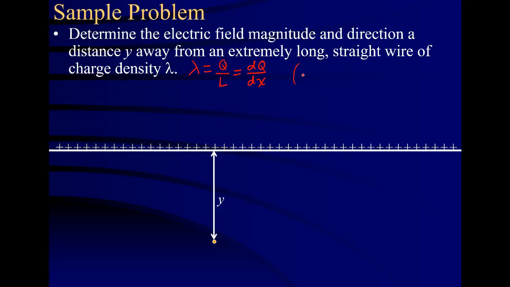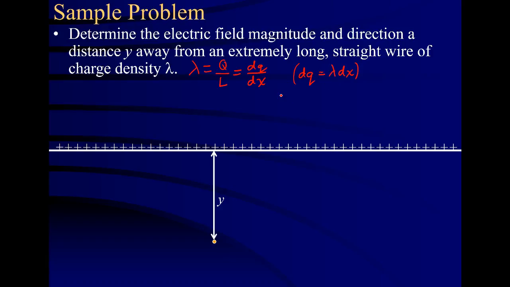And that means, of course, that dq is going to turn into lambda dx. Now, really what I should be doing is writing this as a lowercase q, because it's a small amount of charge, so we don't want to be misleading. And after all, when we set up our integral, we're going to be integrating small amounts of charge. Okay?